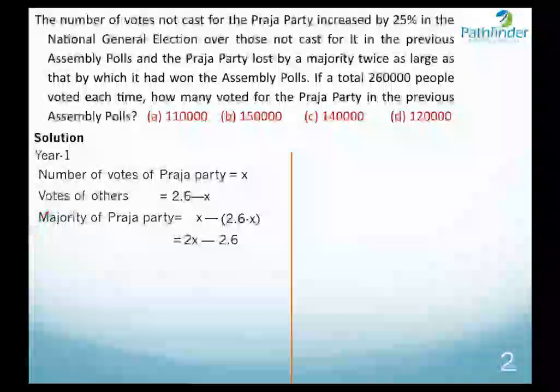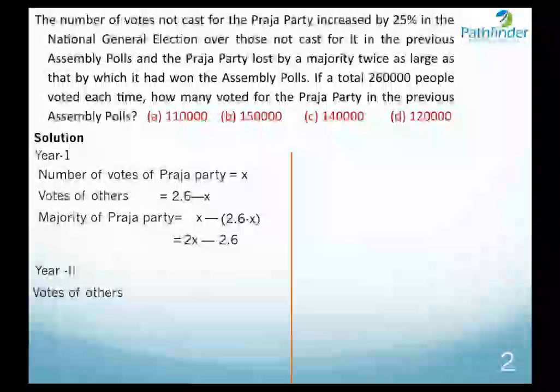Now this happens to be the majority of the first year. What about the second year? In the second year, we are told that the number of votes not cast for Praja Party increased by 25%. So obviously the votes of others increased by 25%. Now what is the votes of others? It is 2.6 minus X. So let us calculate the number of votes for others in year 2 first of all.